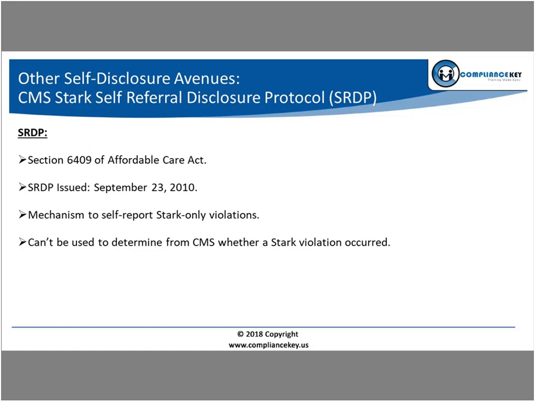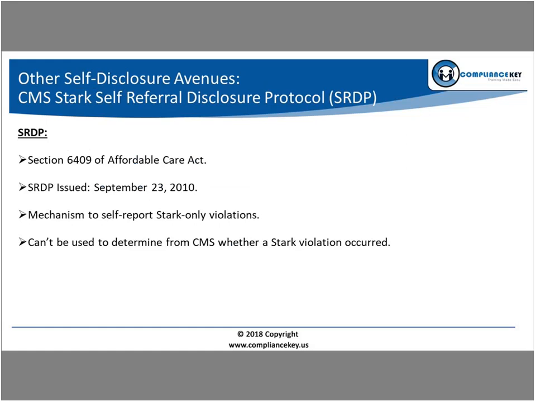The other one I had mentioned was the CMS Stark Self-Referral Disclosure Protocol. This was born out of the Affordable Care Act, Section 6409. The intent here was really to establish a process that would enable providers of services and suppliers to self-disclose actual or potential violations of the Physician Self-Referral Statute, or Stark Law, which we'll talk about in a little bit.